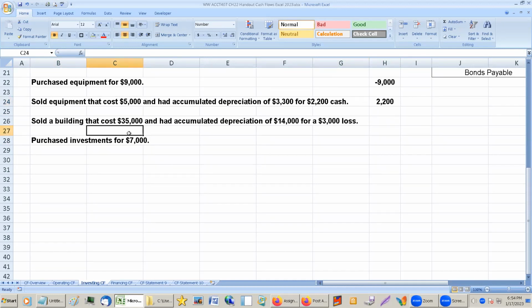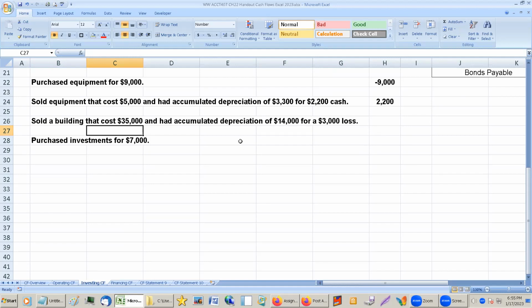Okay, now tricky one. We sold a building, had accumulated depreciation of 14,000, and that gave us a $3,000 loss.